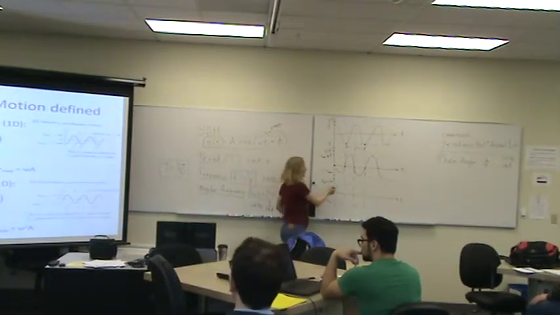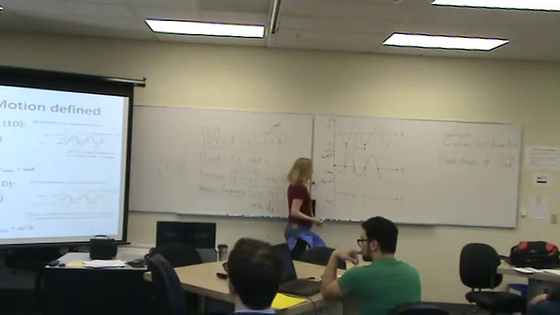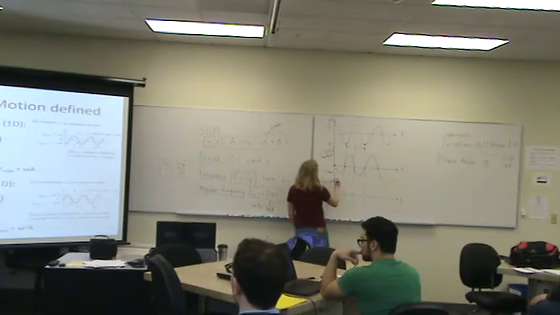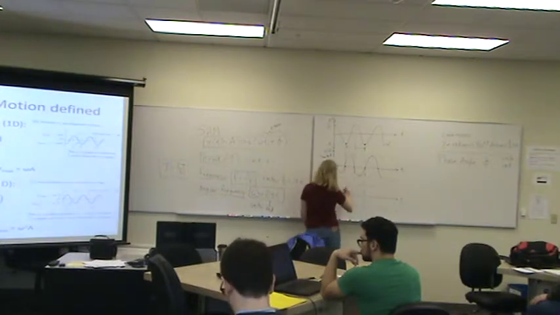Am I starting at the peak, the origin, or the trough? Trough. So it's going to look exactly inverted from my position graph.